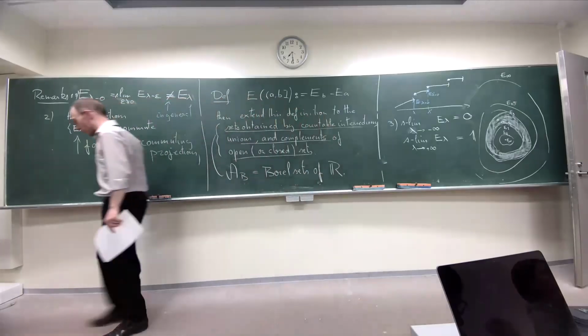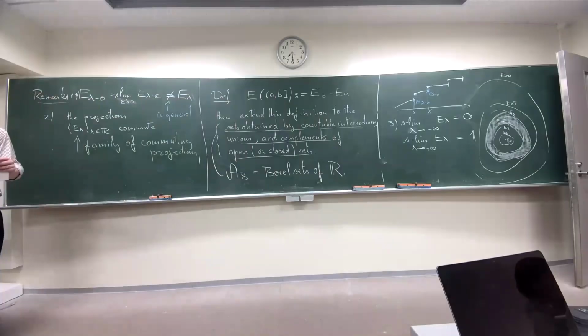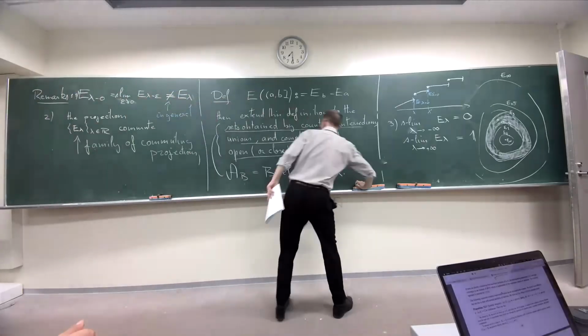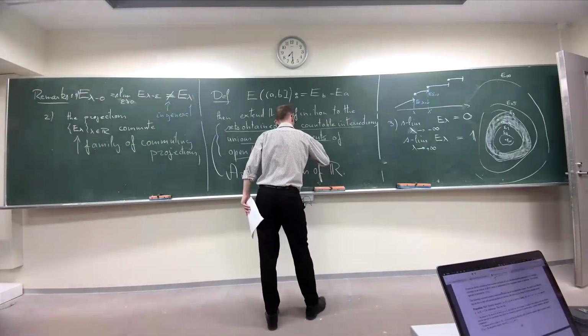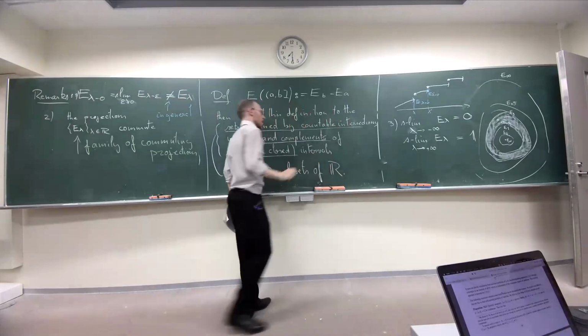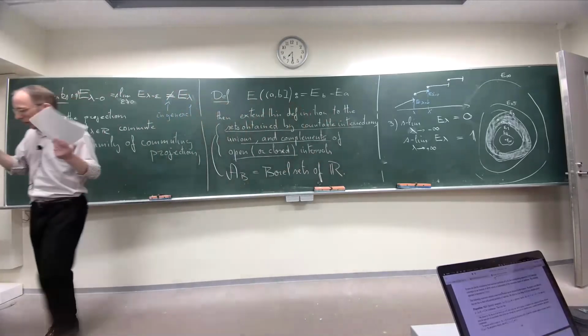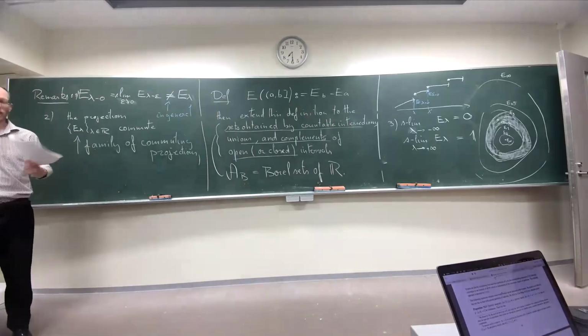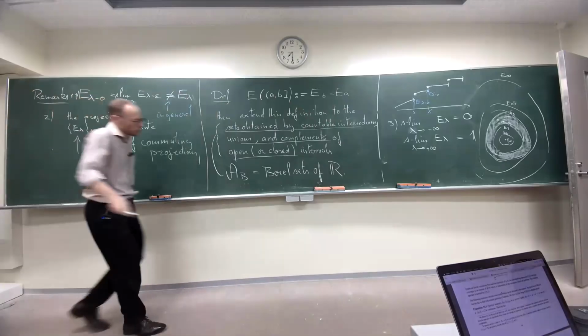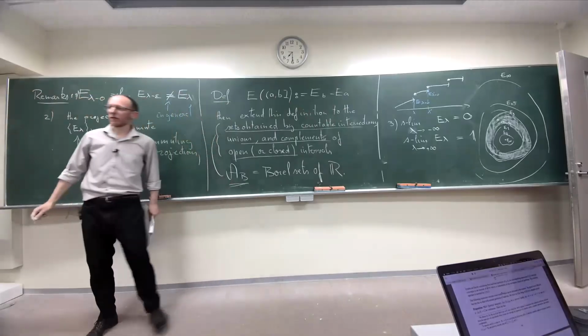I cannot spend too much time on this. I'm just saying, take the open interval, or maybe I should write here open intervals or closed intervals. So you take any open interval or any closed interval, generate intersection, union, and so on, and you get what is called this.